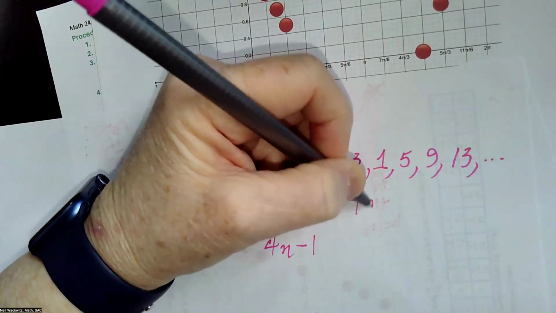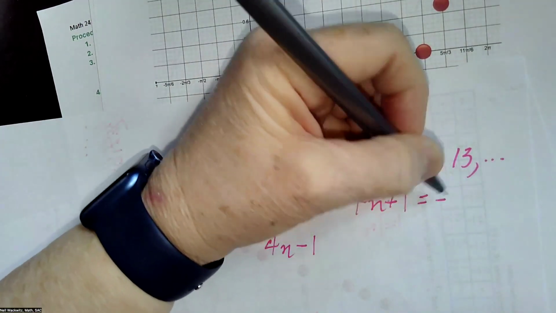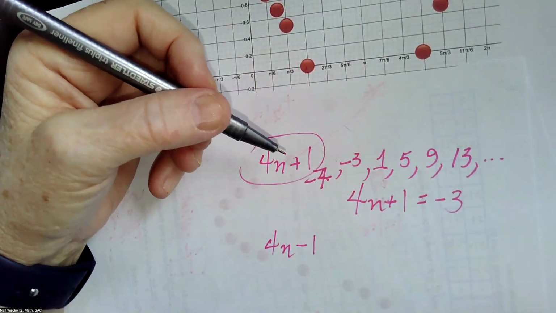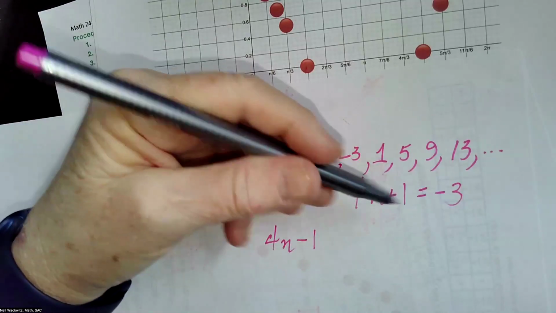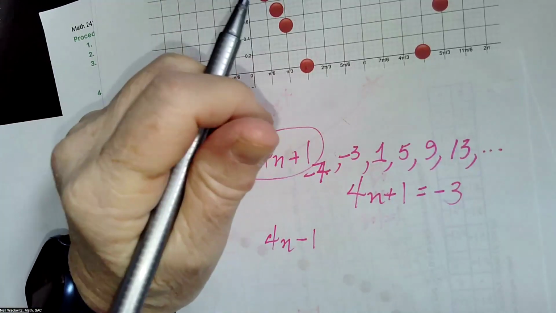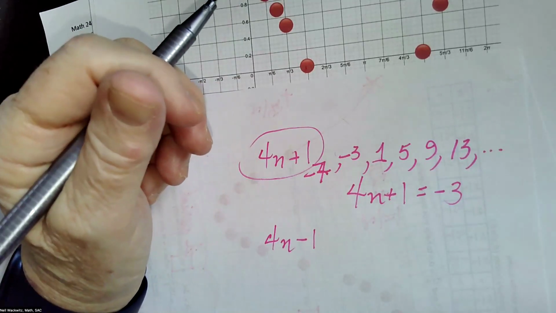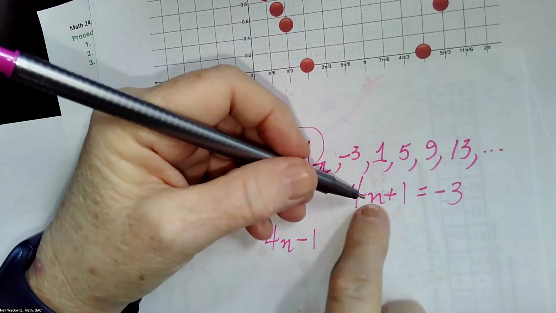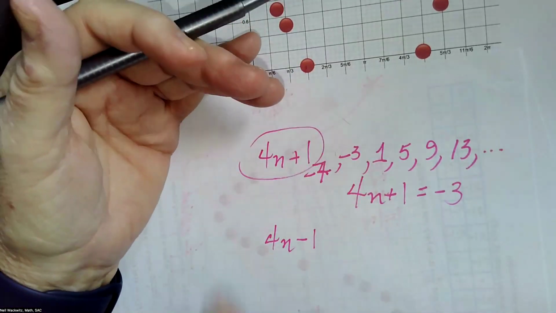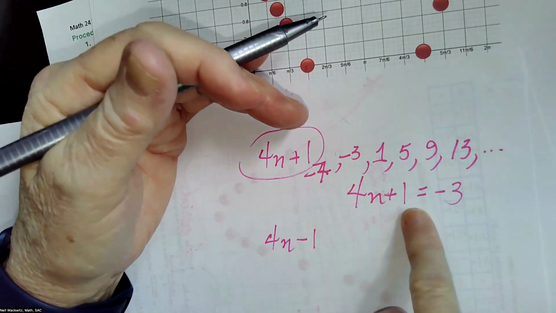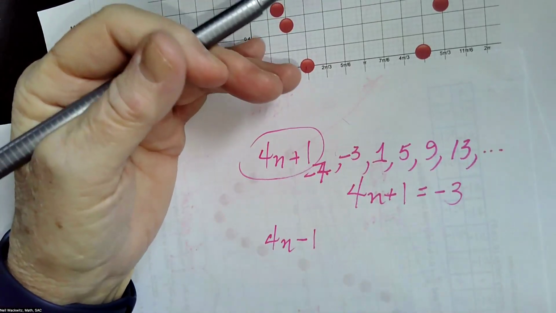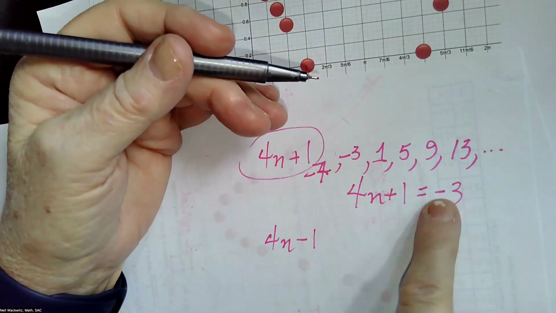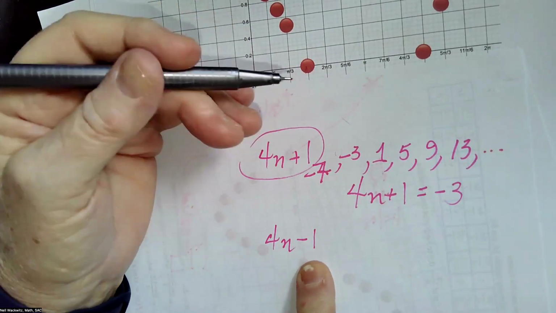So let's see, 4n plus 1 equals -3. If I solve for n, how do I know that -3 is in this format? If n comes out to be an integer, then yes, -3 is a 4n plus 1 odd number. If n ends up being not an integer, then -3 was a 4n minus 1 odd number.